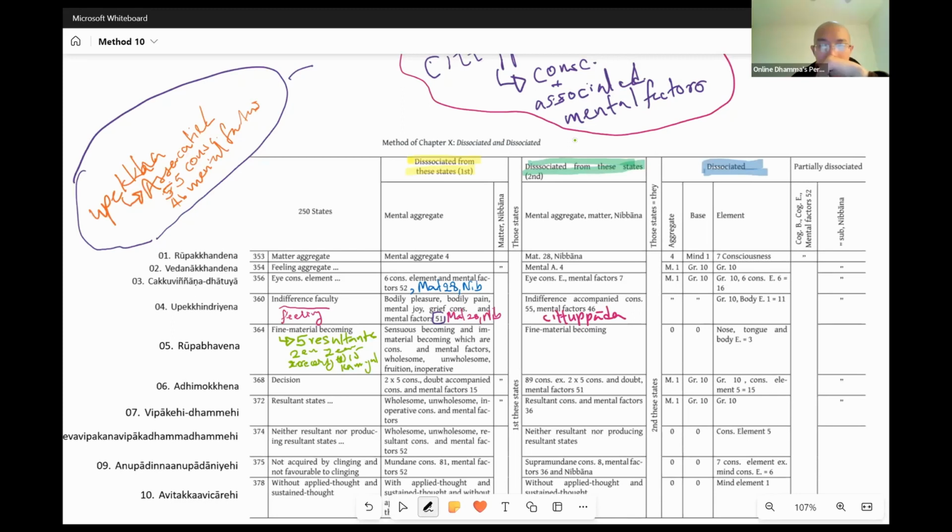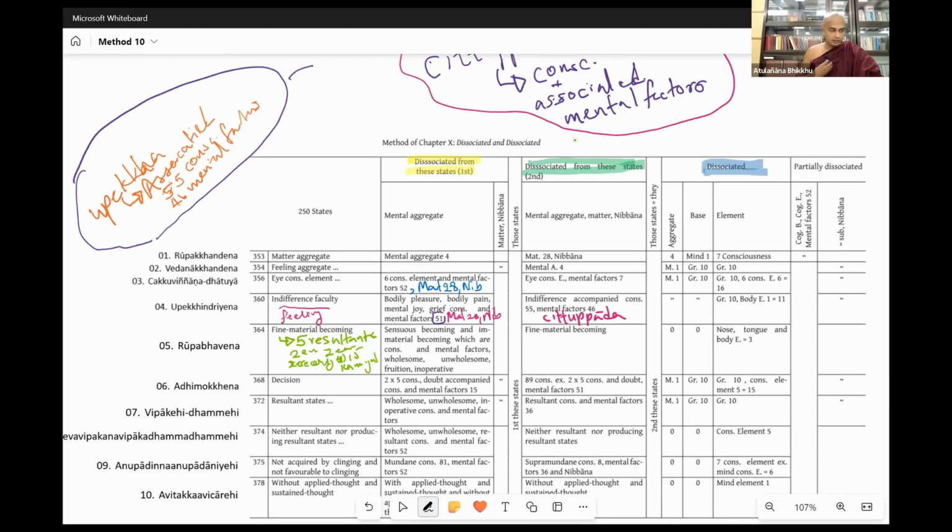Like that, so I deduct them from here. That's why rupa is not applicable here. It's not included here. Yes, Padre.